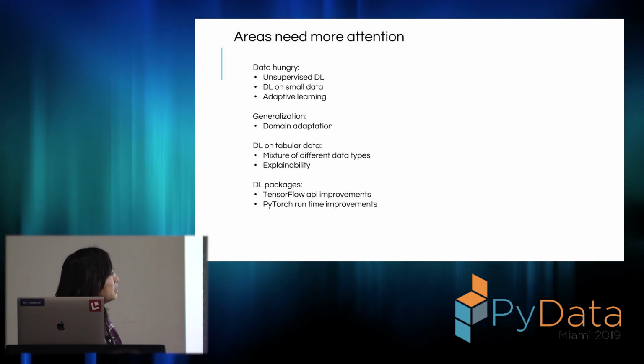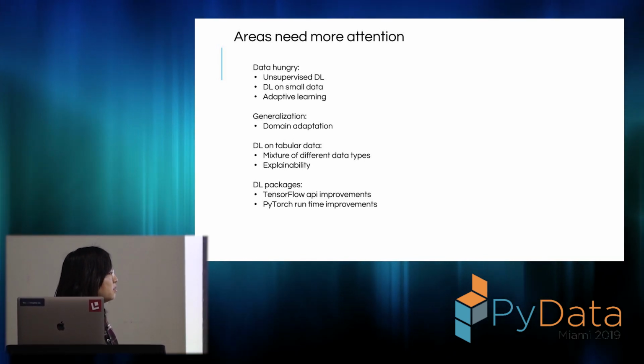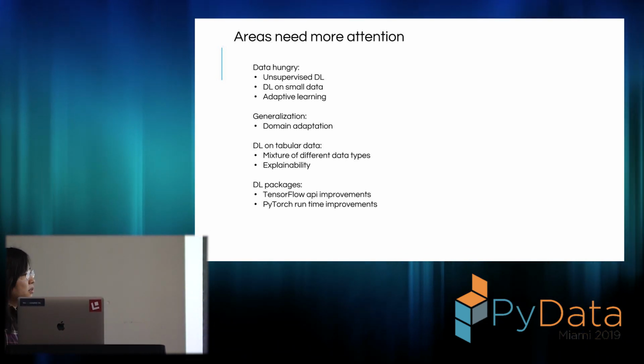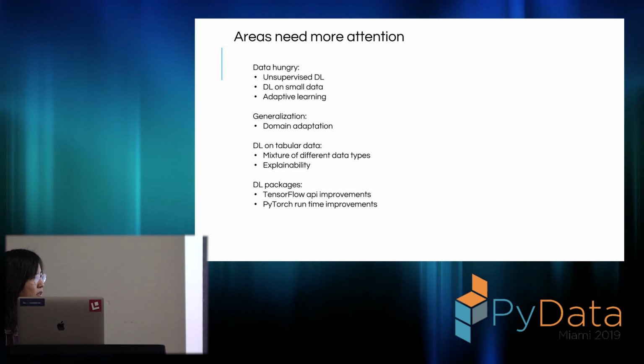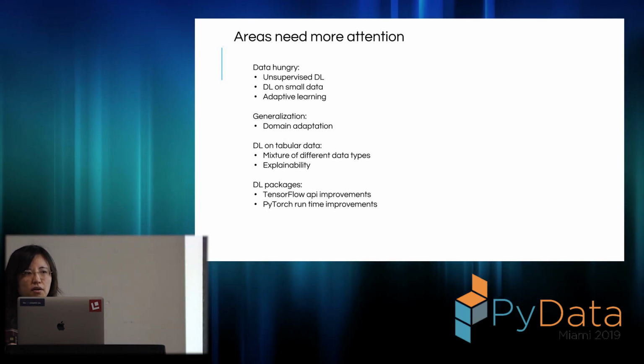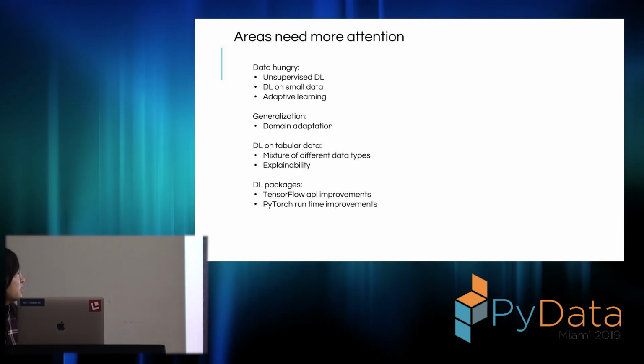The autoencoder is a good start though, but I hope more unsupervised deep learning research comes out. Also, how to deal with deep learning on small data. Or active learning, which helps you choose which examples people should label rather than labeling everything.